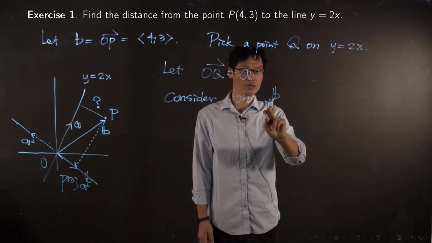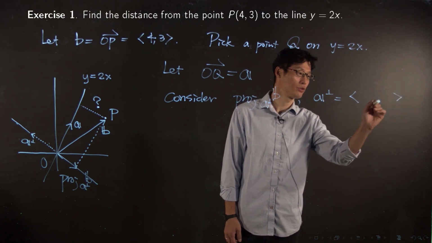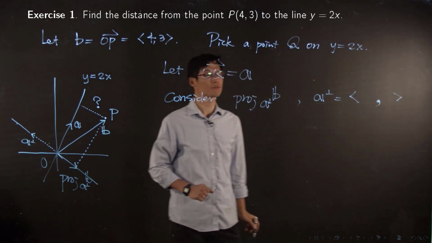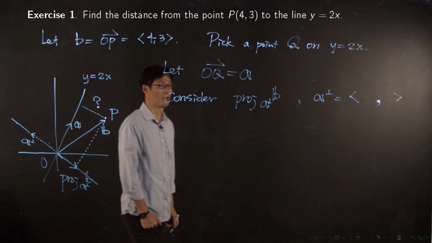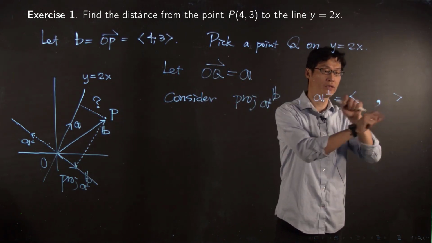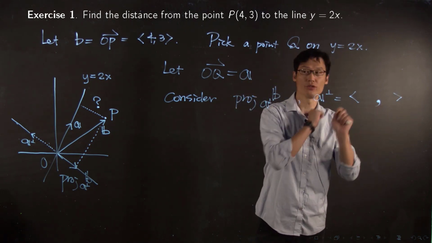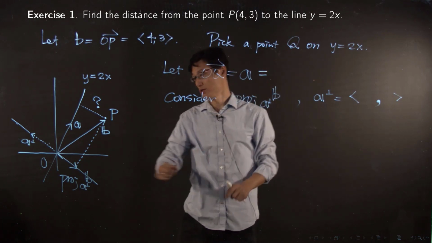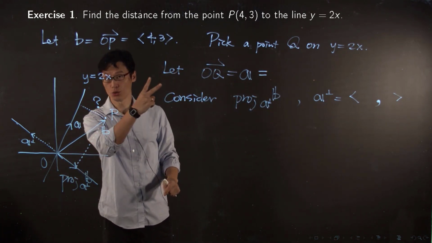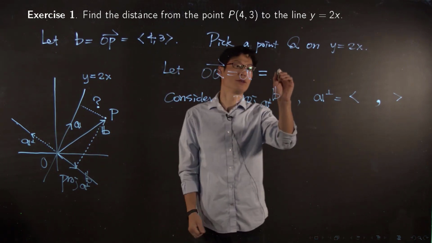Here, for the orthogonal complement, remember, you swap the coordinates and then change the sign. So to specify this vector, we need to pick some point Q. Now that the line has slope 2, you can pick (1, 2), (2, 4), and so on.